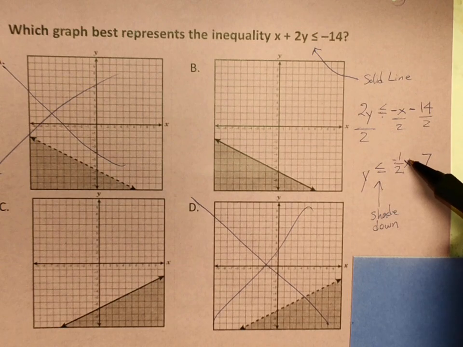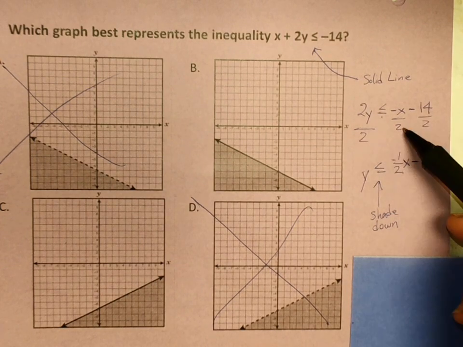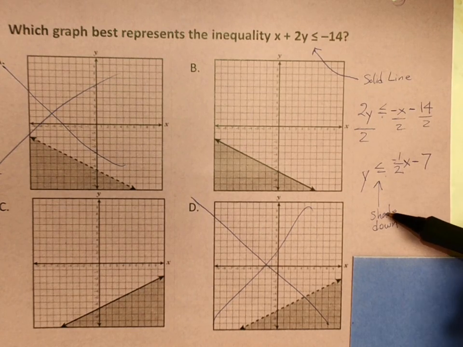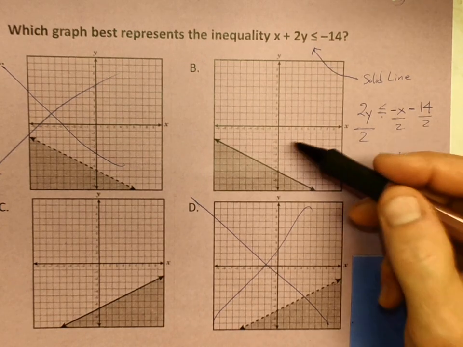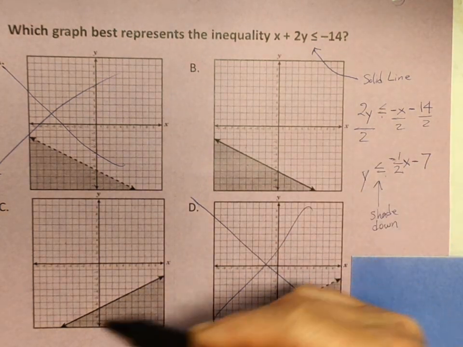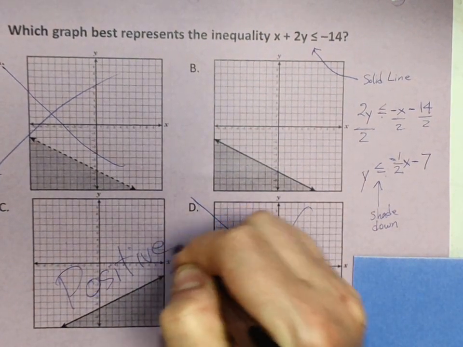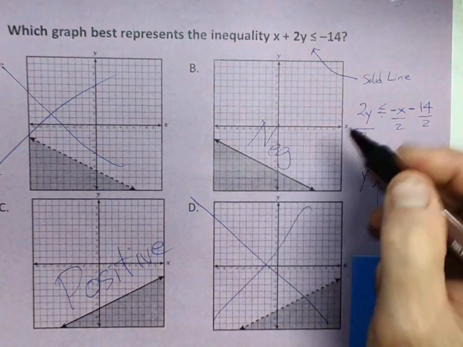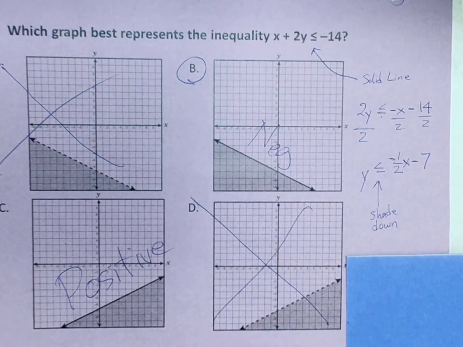I'm not going to flip it. Remember, you only flip it if you divide by a negative. I'm dividing by a positive. So less than means I'm shading down and I have a negative slope. So these are both shading down, and we got to remember that this is a positive slope going up and right, and this is a negative slope. Go down and right. So this one's going to be B.